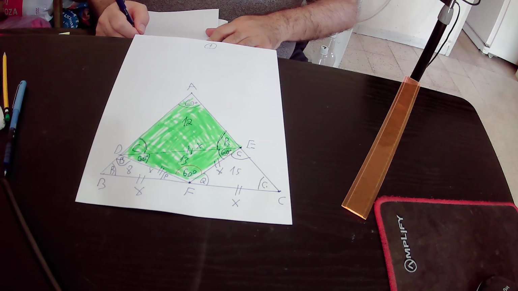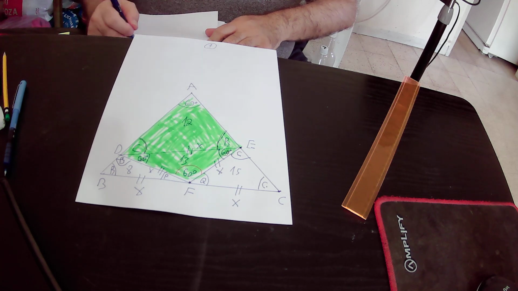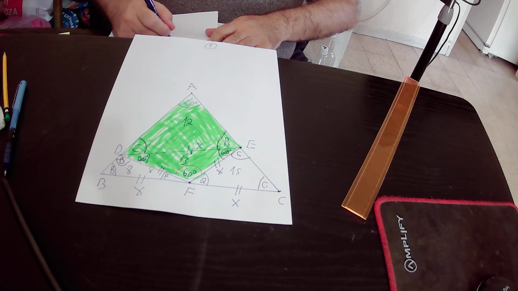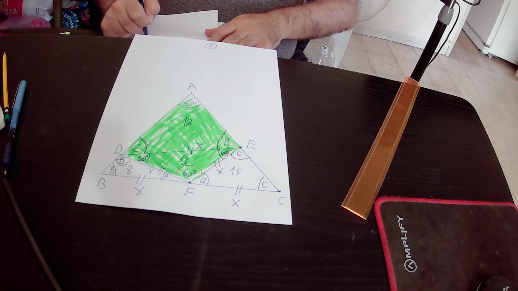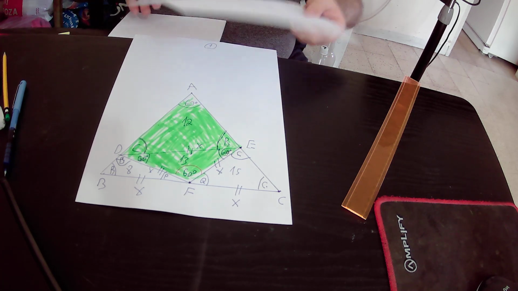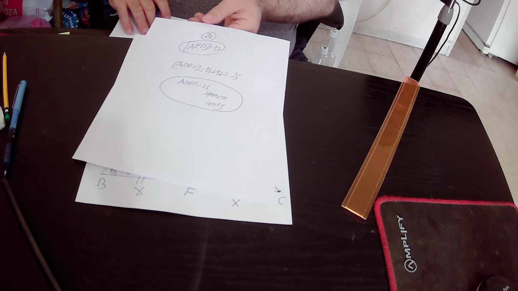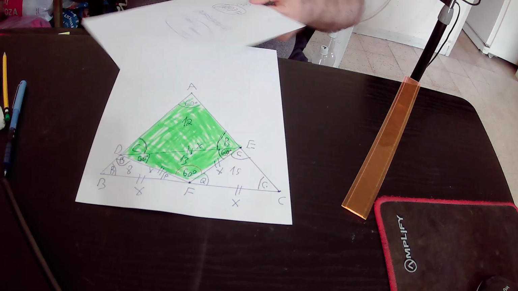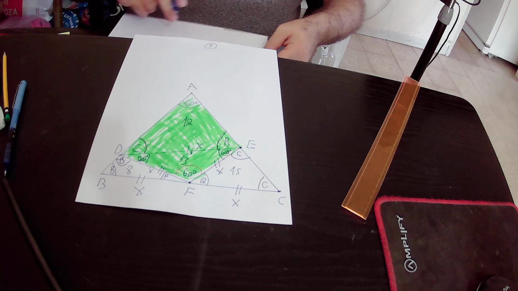So in total, the sum of those two areas is 25 square units. So the area of quadrilateral ADEF, the green shape, equals 25 square units.